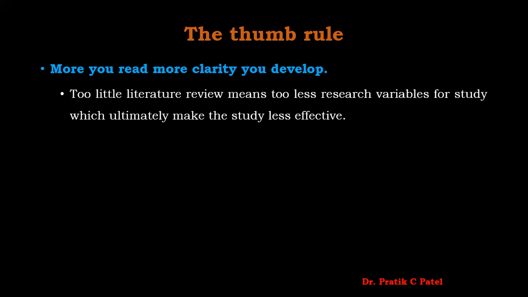The problem is that we spend very little time on literature review, and that's why we waste a lot of time in the later stage because we don't have clarity. And as I said, then your objectives might be of buying behavior also, attitude also, and perception also. And that means your study is not in a proper direction. So clarity comes when you read related things, literature review.